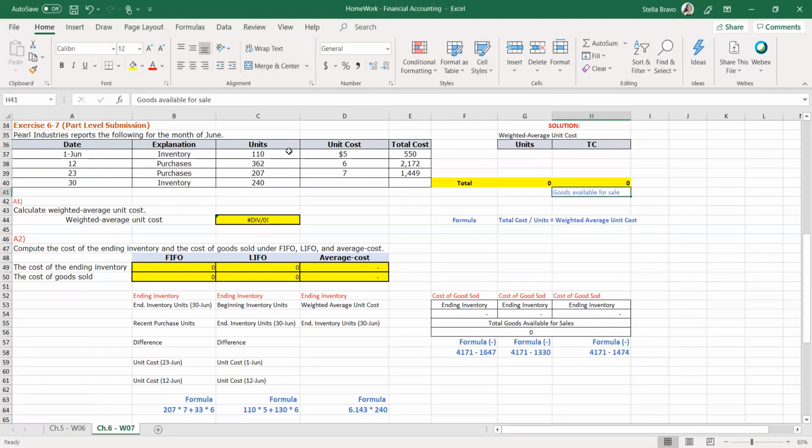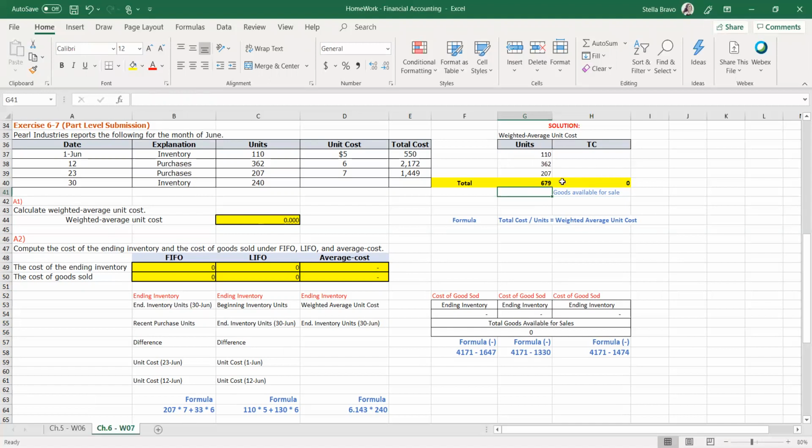To calculate the units, we just need the beginning inventory units and the purchases we have in this report. Here we just need to auto sum, and we have the total units available for sale.